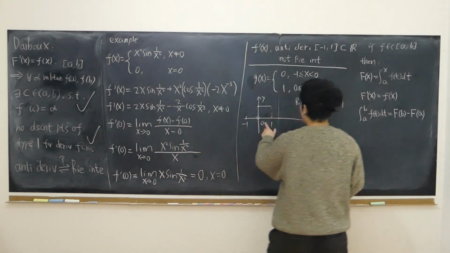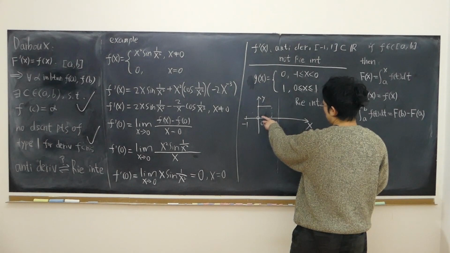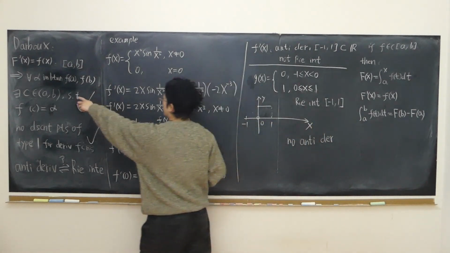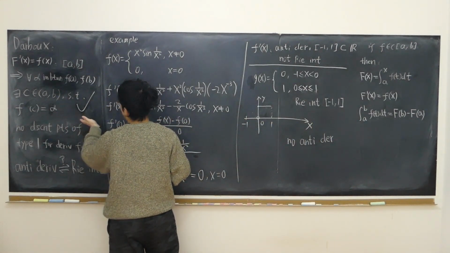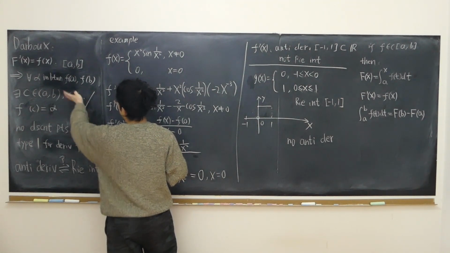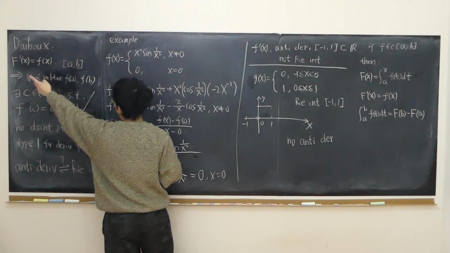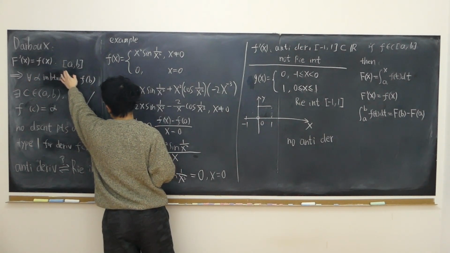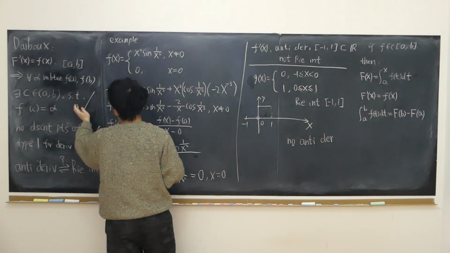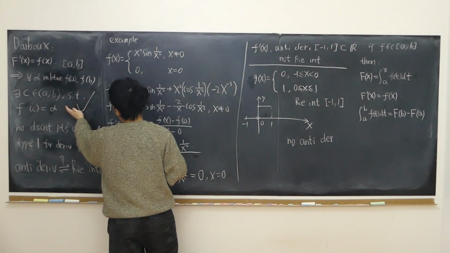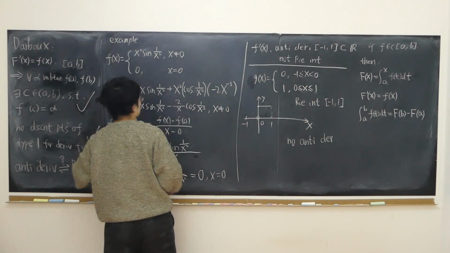Suppose it has antiderivative. It should satisfy the intermediate value theorem, which I proved previously. So if a function is a derivative function, meaning it has antiderivative, then over this closed interval, it should take all the values in between f of a and f of b.